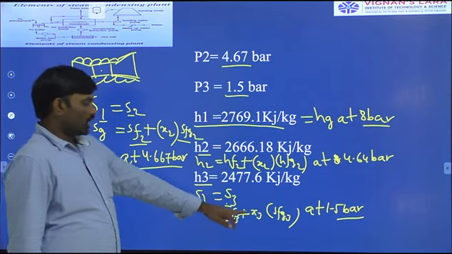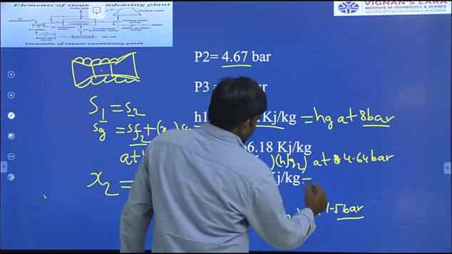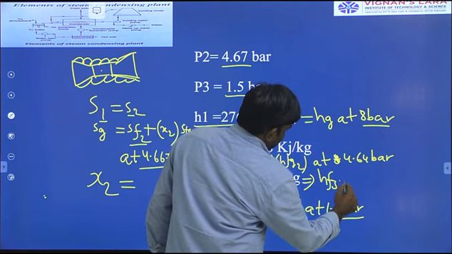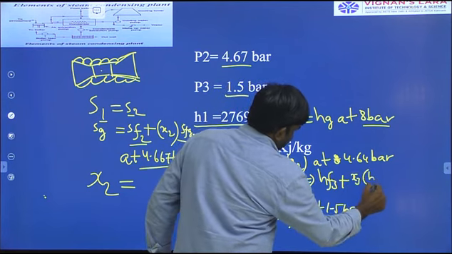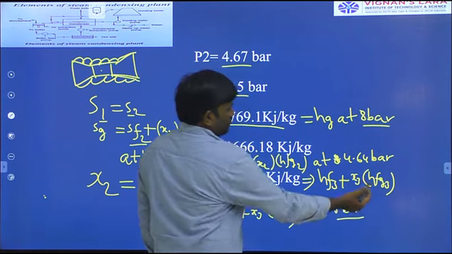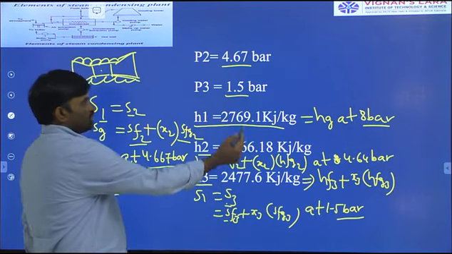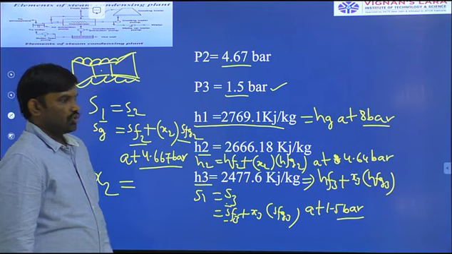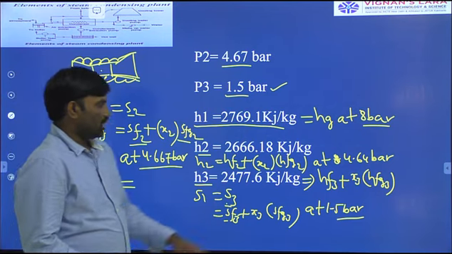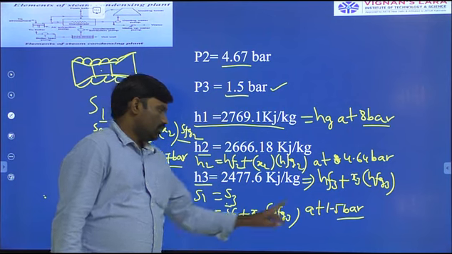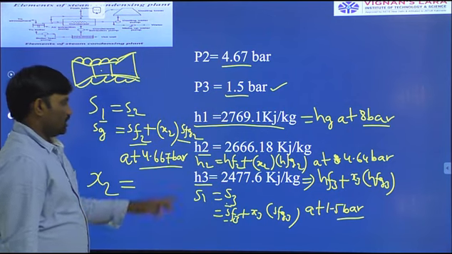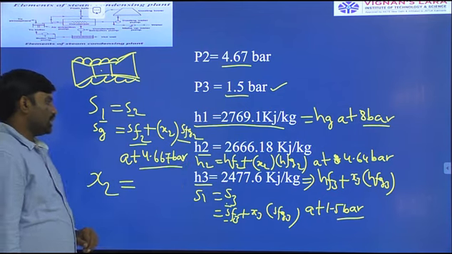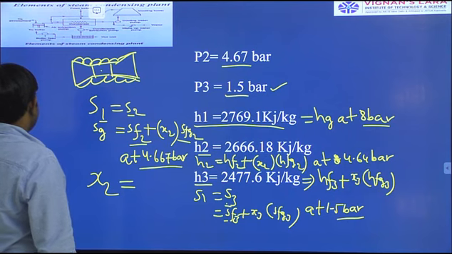After calculating X3, you calculate H3 using HF3 plus X3 into HFG3, taking the HF and HFG values at 1.5 bar. From the dry saturated steam tables at 1.5 bar, take HF, HFG, SF and SFG. In that manner you calculate the H1, H2 and H3 values, and only then can you calculate the required parameter.